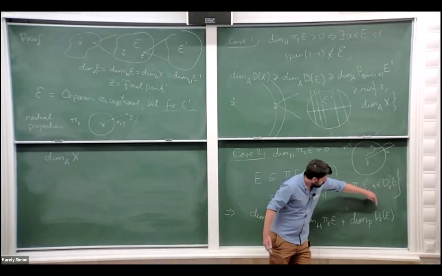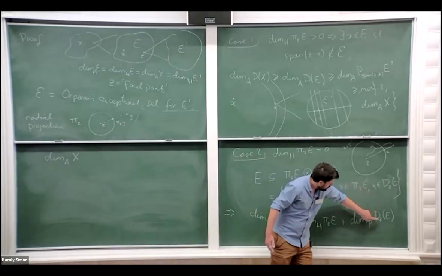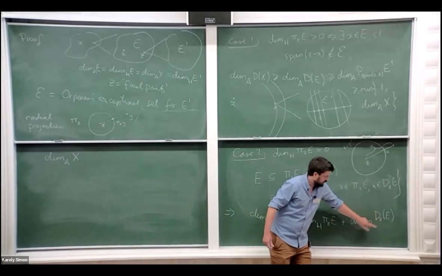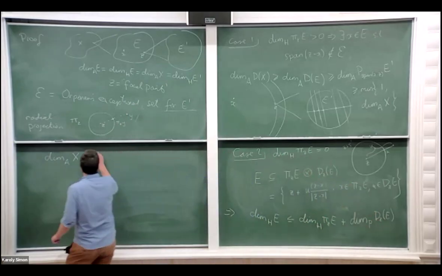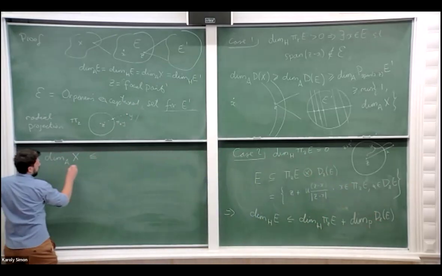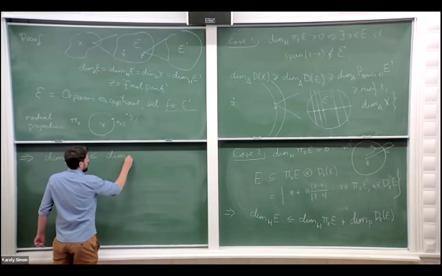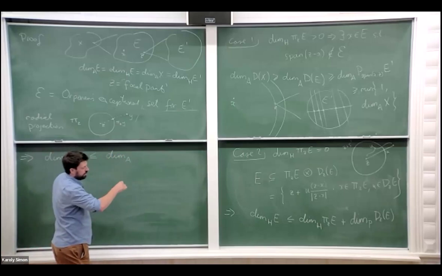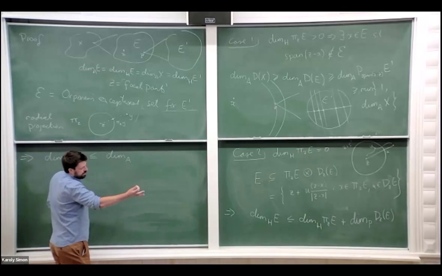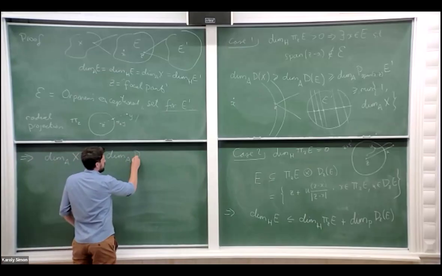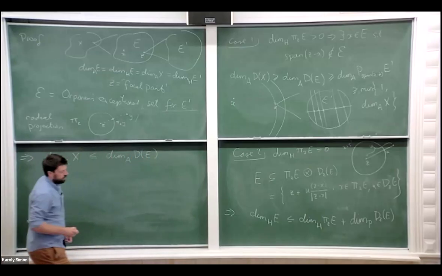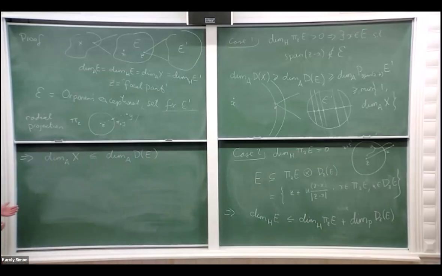The packing dimension of the image of E under the pinned distance map at Z is certainly bounded above by the Assouad dimension of the image of E under the pinned distance map at Z. But that's by inclusion bounded above by the Assouad dimension of the distance set of E. And then because distance sets are very closely related to nonlinear projections, it can be linearized.